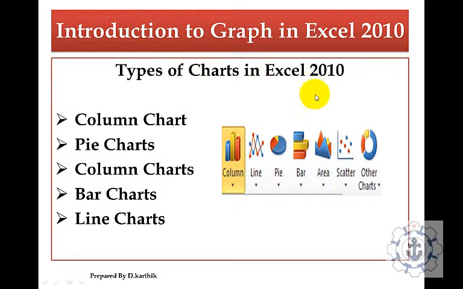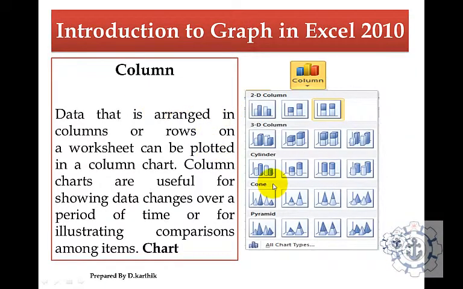And types of charts in Excel, we have column chart, line chart, pie chart, bar chart, area chart, scatter chart and other charts. So these are the types of charts we are able to use in Microsoft Excel 2010.